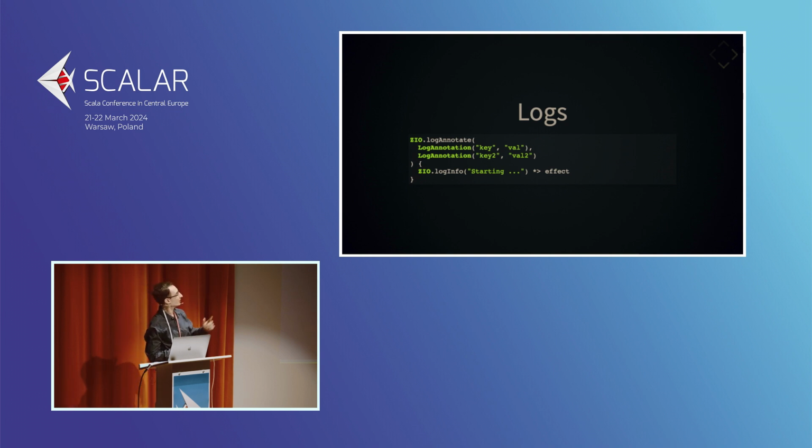Another example with ZIO, we can annotate logs. What's great about this? You don't have to put ZIO log info just inside those curly braces. You can have another effect that internally calls some ZIO log something, and the annotations are forwarded. So they will be everywhere underneath.